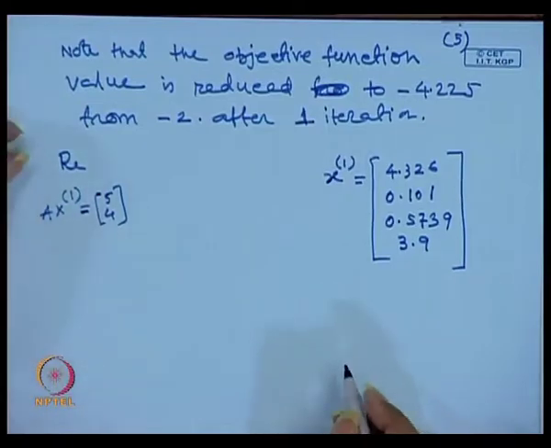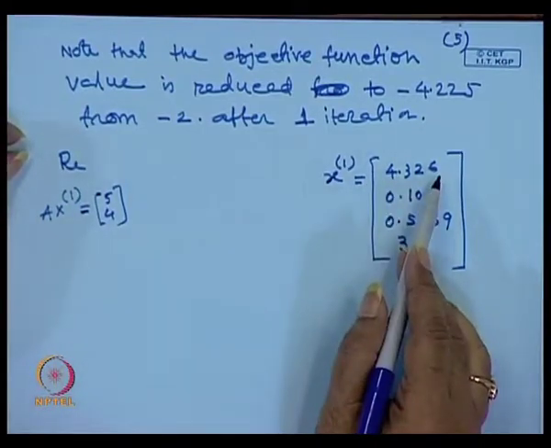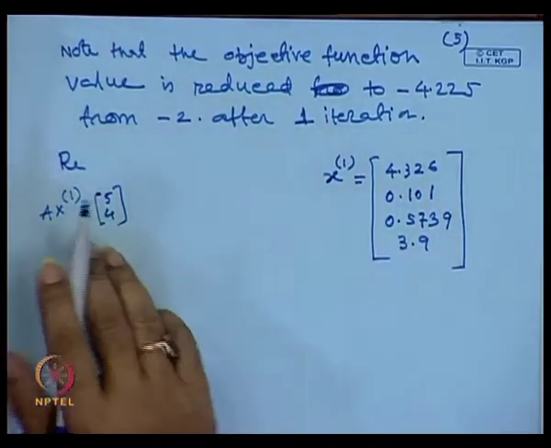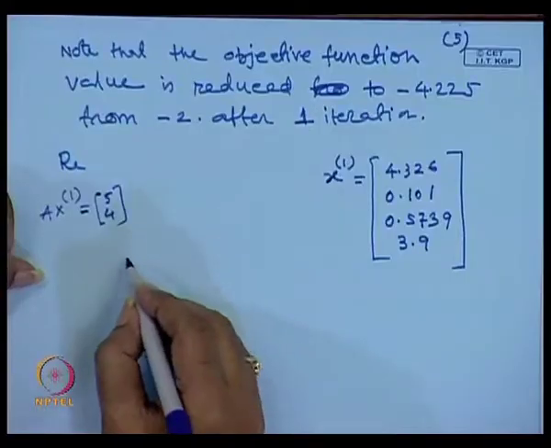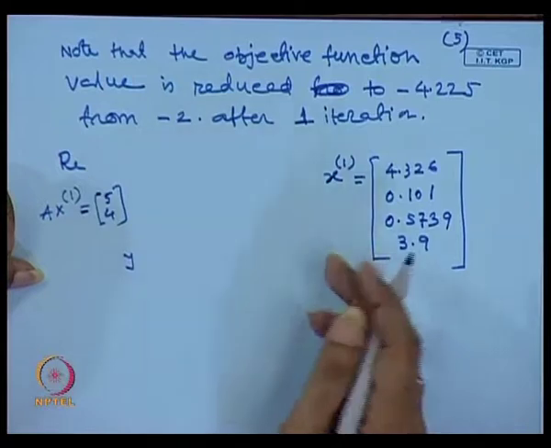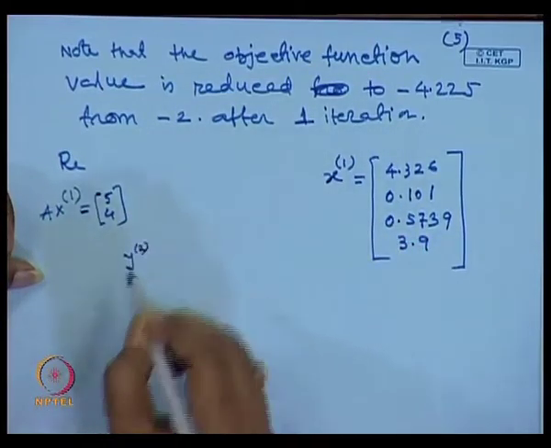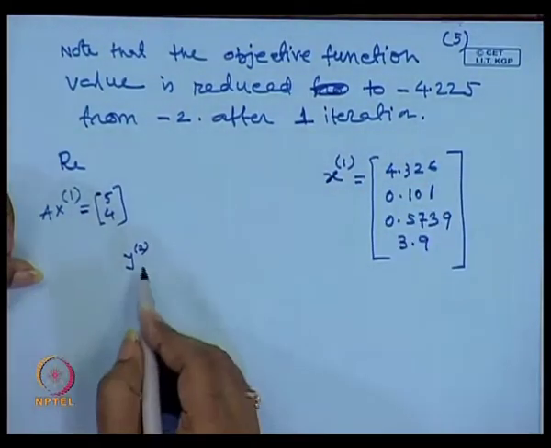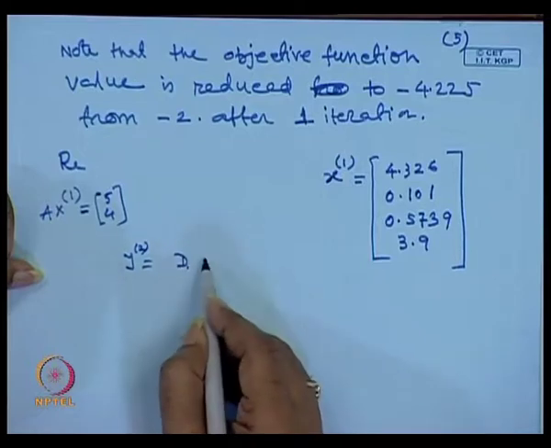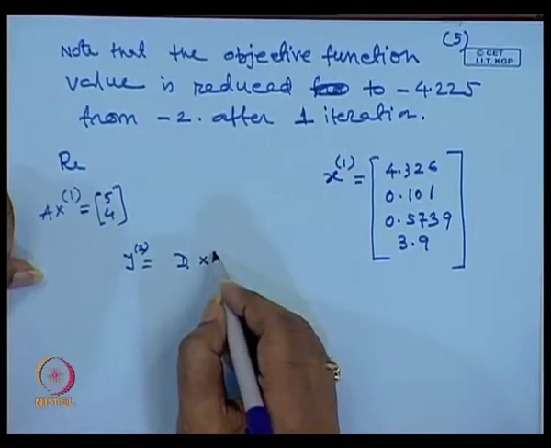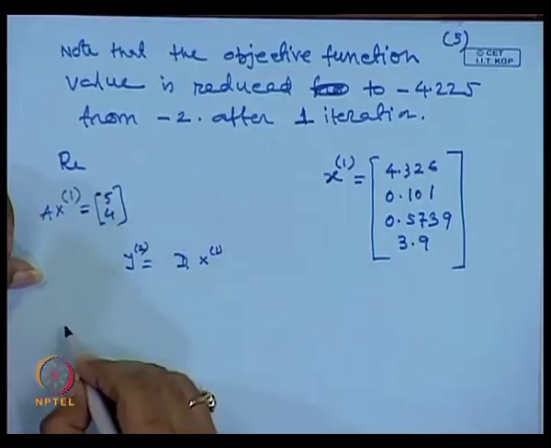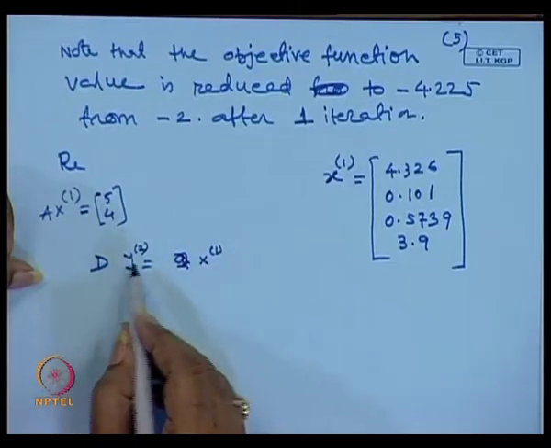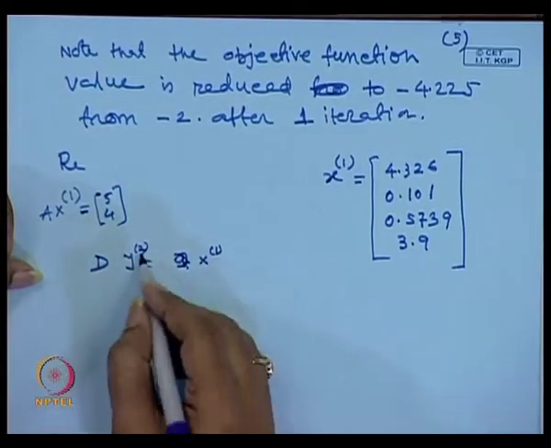Now, this is our initial guess, and they are not equidistant from the x's. So, we have to scale, same procedure. The new value y 2 is obtained from y 1: y 2 is again D into x of y 1, so x of y 1 is equal to those y values.